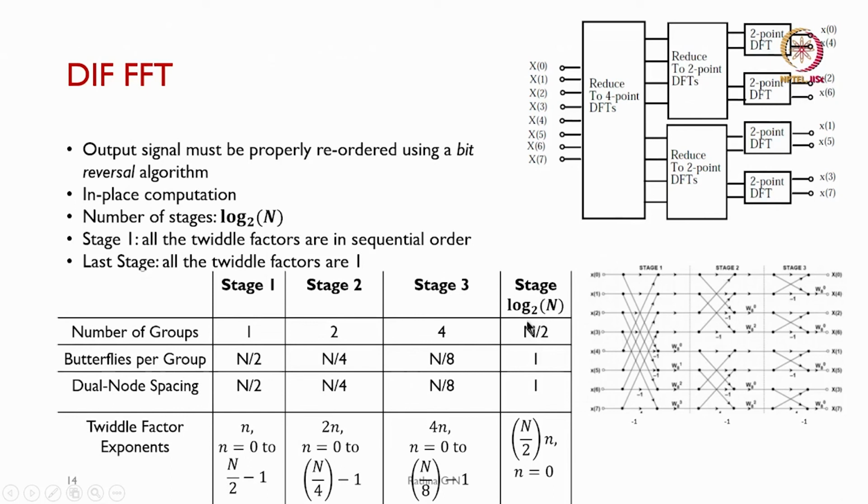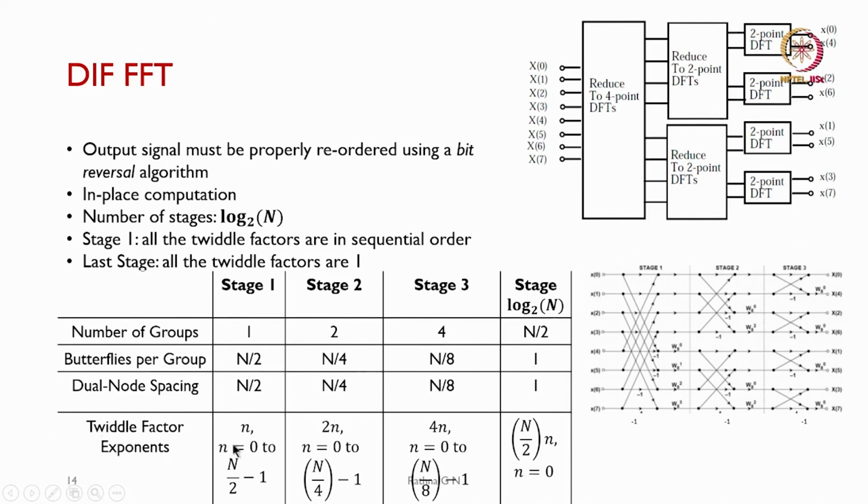So, it is equivalent to log to the base 2 of n stages, and the stage will have n by 2 number of groups. The butterflies per group will be n by 2, n by 4, and so on, and the last one will have 1 per group. Your dual node is equivalent to the previous case. Now, the only difference is the twiddle factor exponents.